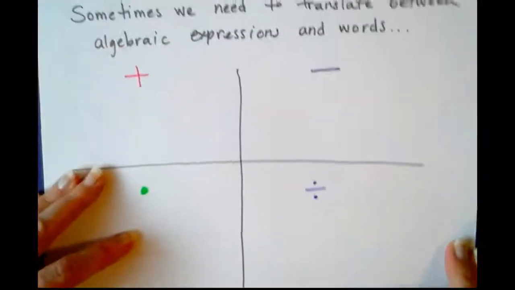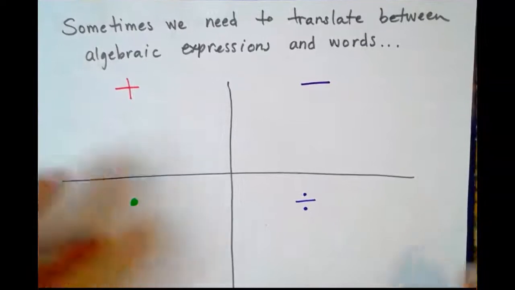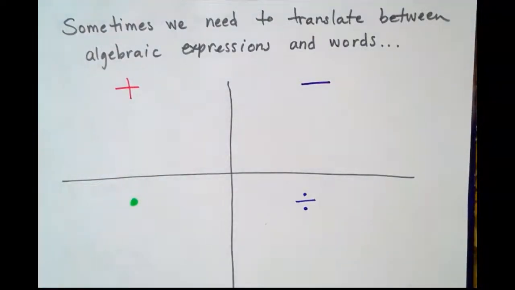So we have lots of words that we'll use when we're doing word problems, when we're talking about mathematics. And sometimes we need to translate between an algebraic expression and words. So let's take just a minute and write down some of the words that indicate addition.